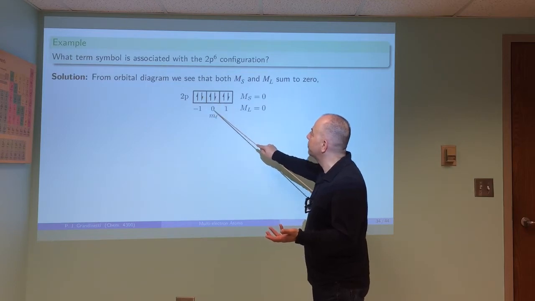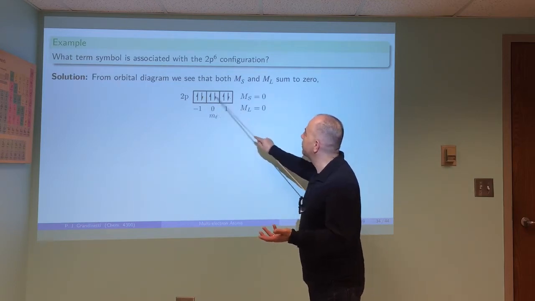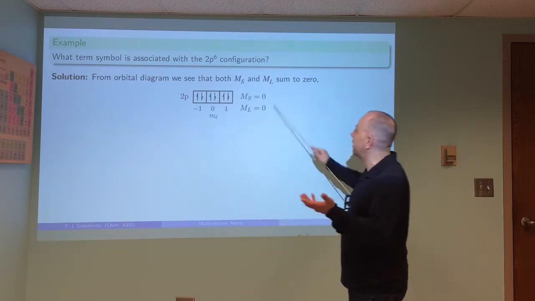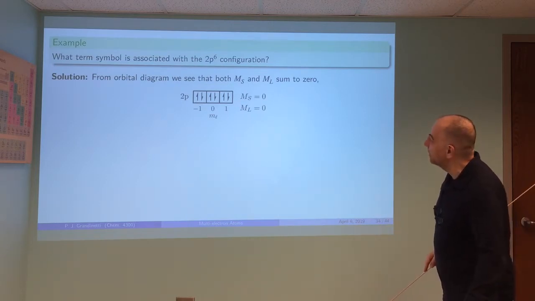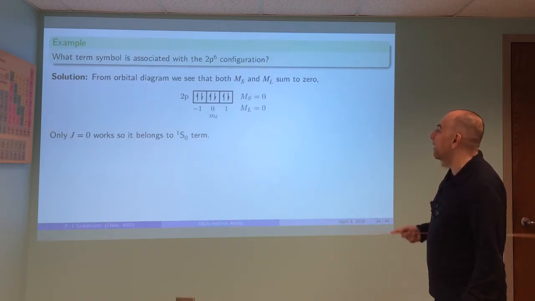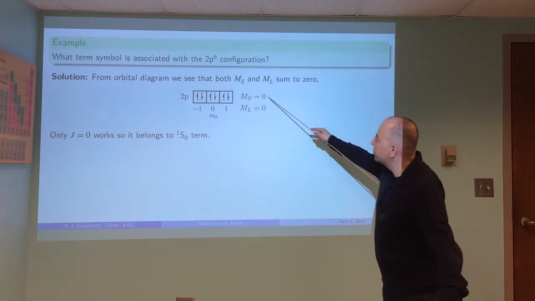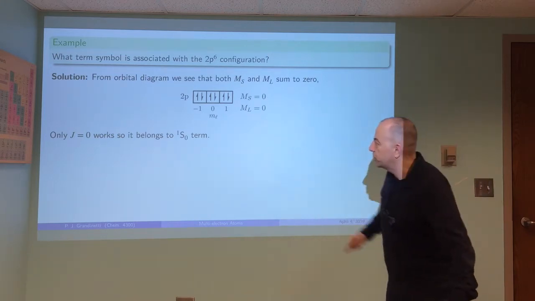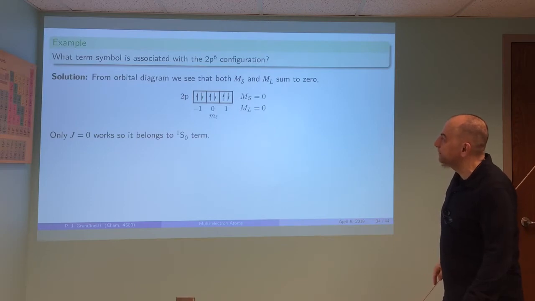There's two of zeros, but then there's two of plus 1, so that makes minus 2, 0, plus 2 adds up to 0. That's the outcome. Only one possible solution you get. So clearly, again, this is just like before. There's only one solution, so you must have total S equals 0, total L equals 0, and of course total J equals 0. This is also a singlet S0 state. Right?